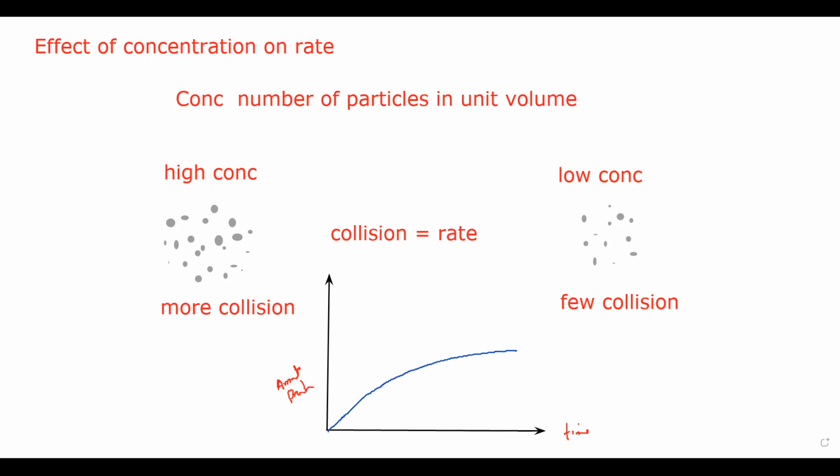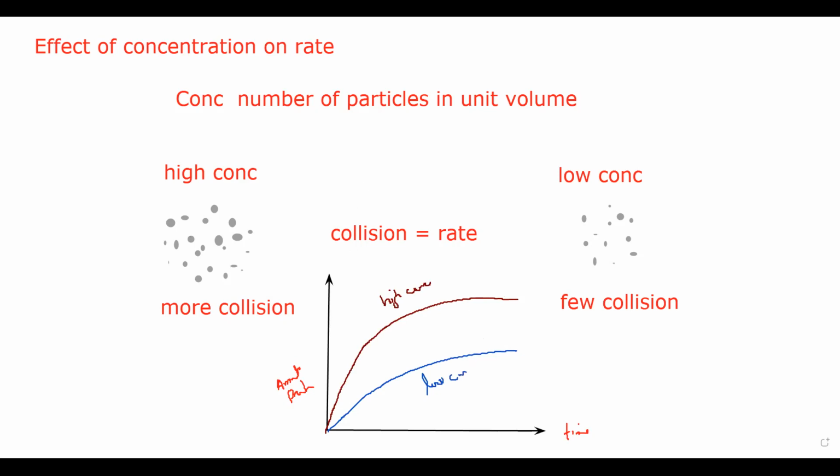But for high concentration, the graph will be much steeper and a greater amount of product will form. So this is the graph for high concentration and the other one is the graph for low concentration.